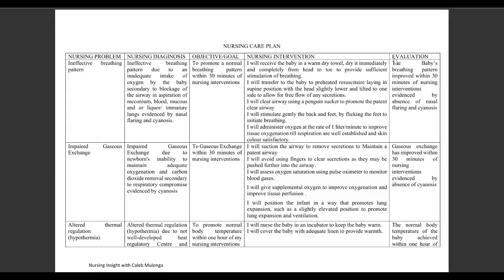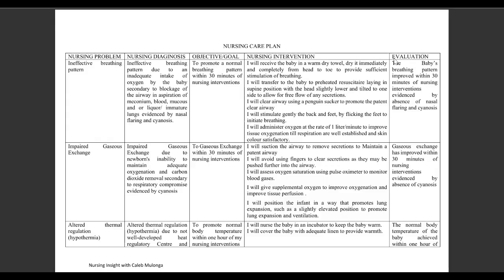Then evidenced by cyanosis. Okay, it can be evidenced by cyanosis or low oxygen saturations in the blood. Those can be evidences that there is reduced oxygen in the body. That means that gaseous exchange is poor.